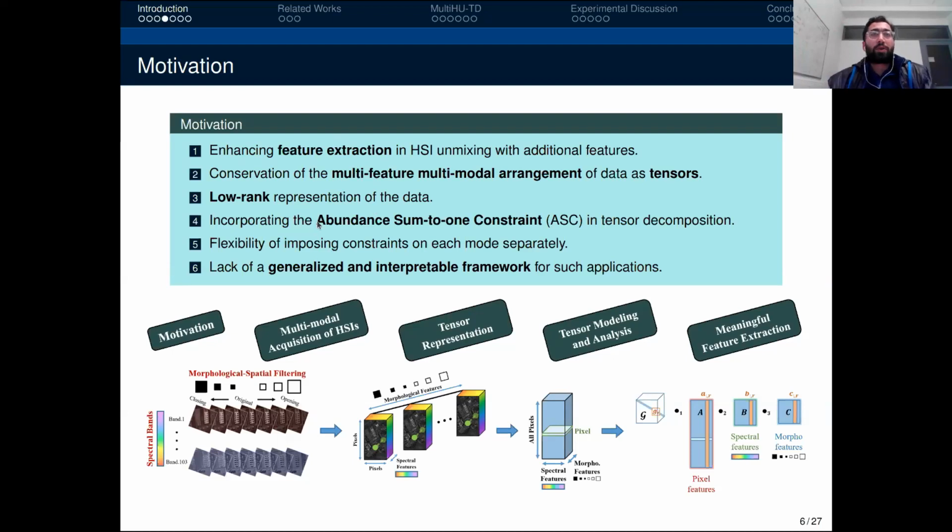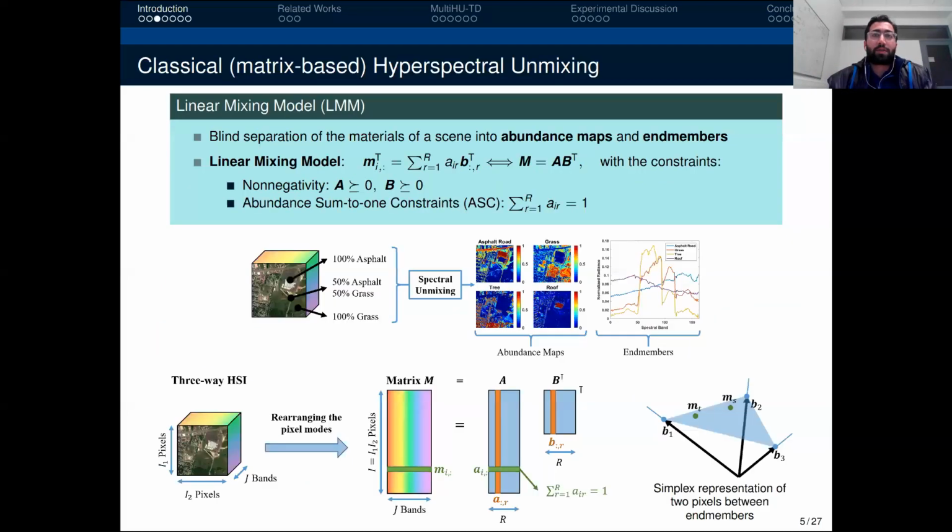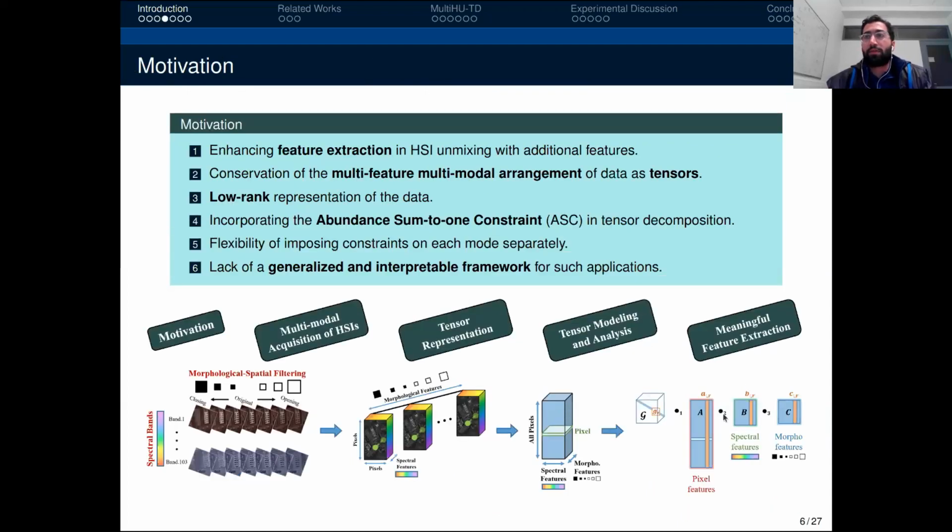Another thing is that we want to incorporate the abundance sum-to-one constraint in tensor decomposition. This is not straightforward. In matrix decomposition, it's very easy because it's a direct summation of the N members. In tensor decomposition it's a bit difficult because we have additional factor matrices. We want to keep the flexibility to impose constraints on each mode separately.